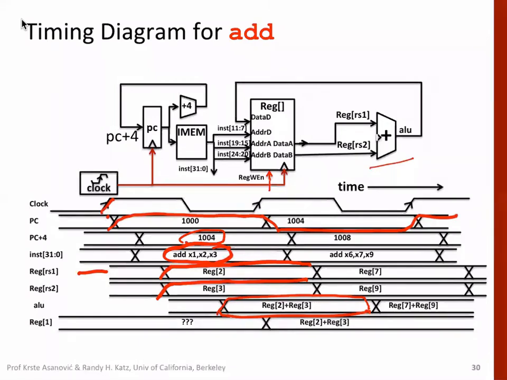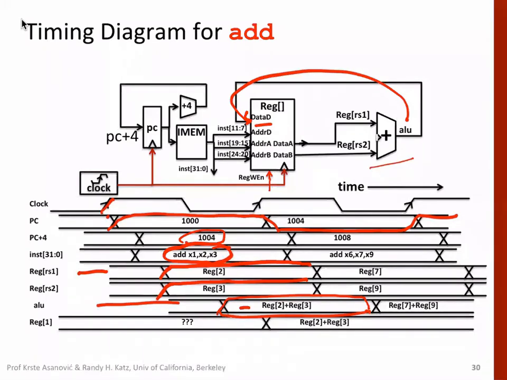And then next phase is essentially it will be written into RD. Now RD state is not shown here, but the output of ALU is shown here. So correspondingly it will be written to register RD.